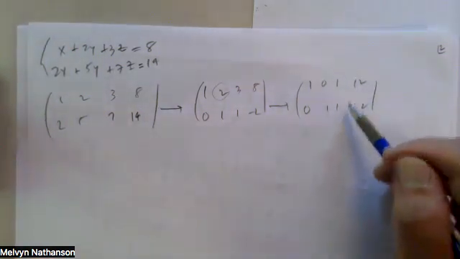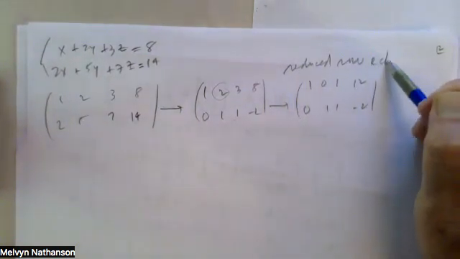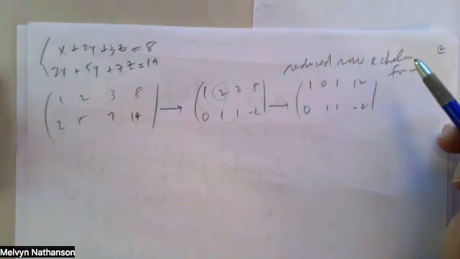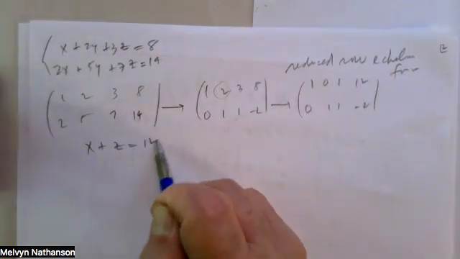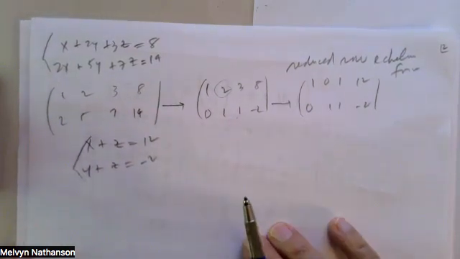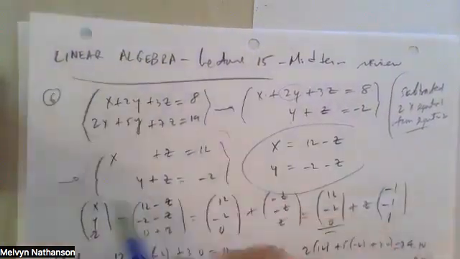And now this is in reduced row echelon form. And the corresponding system of equations is x plus z equals 12, y plus z equals minus 2. That's exactly the system of equations I had here, or here, same thing, and I go on the same way. So this is just an alternative way of doing the Gaussian elimination.